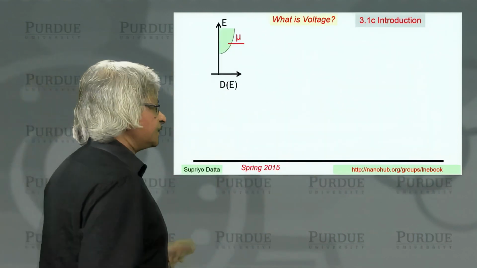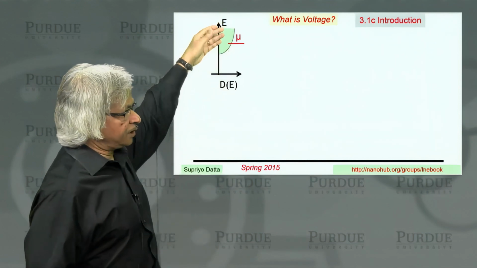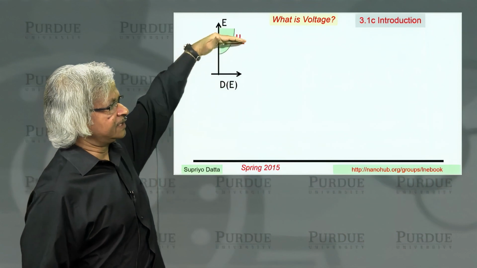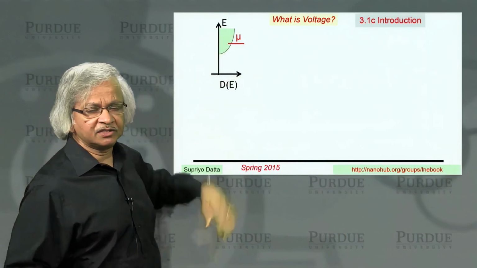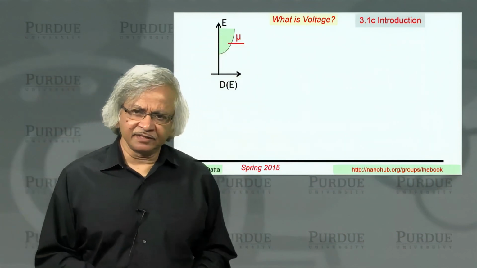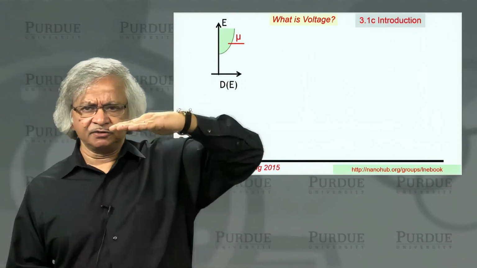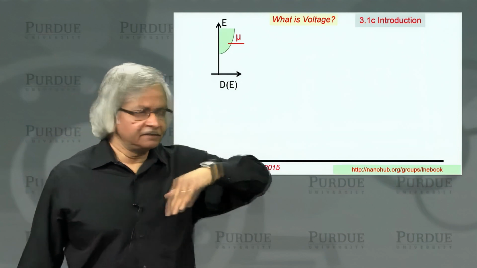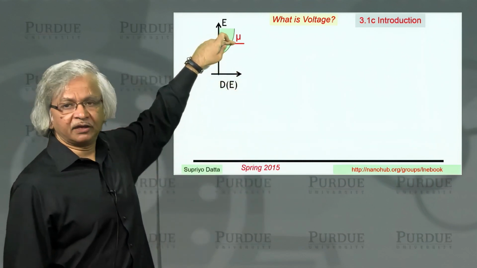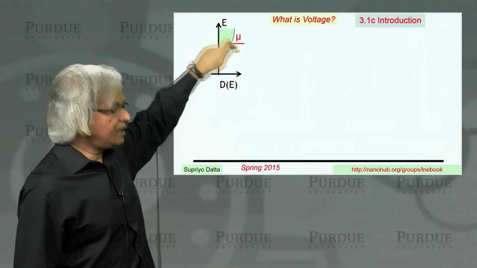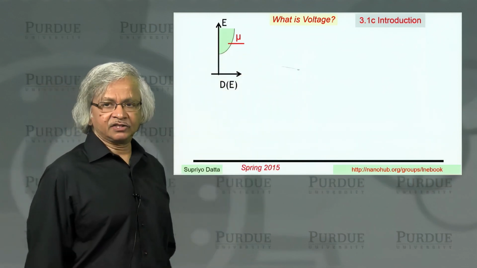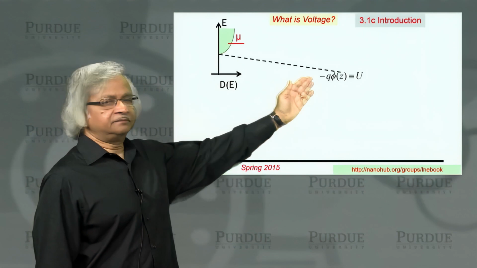Consider this structure, a channel with a density of states, like I've shown here, and let's say that's the electrochemical potential. What does the electrochemical potential represent? Well, at low temperatures, it would tell you the level up to which the states are all filled. And this is what goes into the Fermi function, as we have seen. Now, suppose there's an electrostatic potential that varies across the channel.